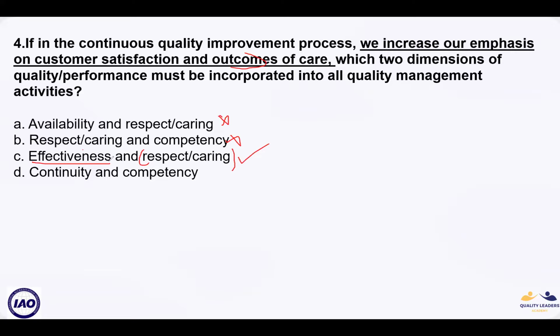Okay, so effectiveness and respect and caring is the answer. The other option is continuity and competency. Continuity and competency are helpful, but not primarily for satisfaction or outcome. So this is also eliminated. Now remember these two keywords, customer satisfaction and outcomes. Outcomes is for effectiveness, like we discussed earlier, and customer satisfaction is for respect and caring.